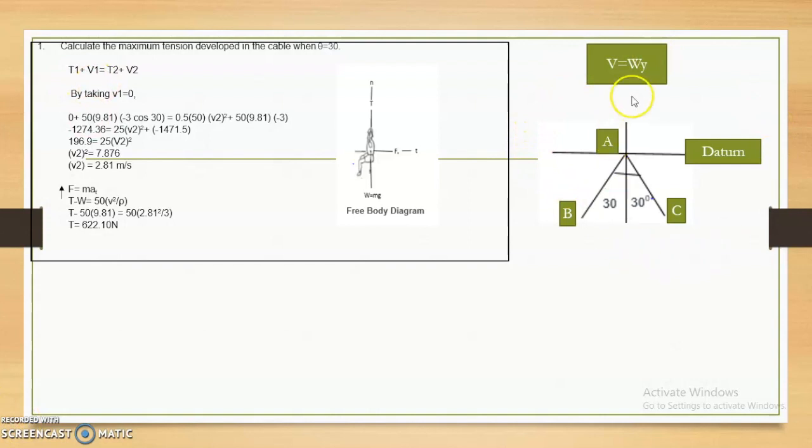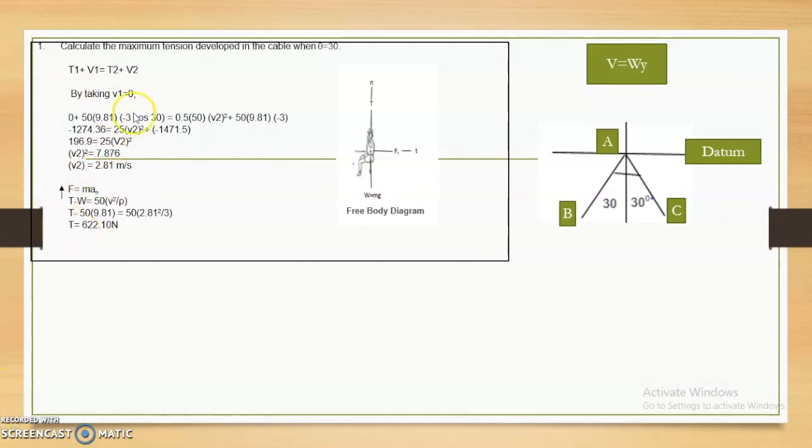We fixed our datum at A, so the value of V should be negative Wy. So here V1, we took it as negative 3 cos 30, and V2, 50 times 9.81 times negative 3. Then by solving the equation, we get V2 equals 2.81 meter per second.